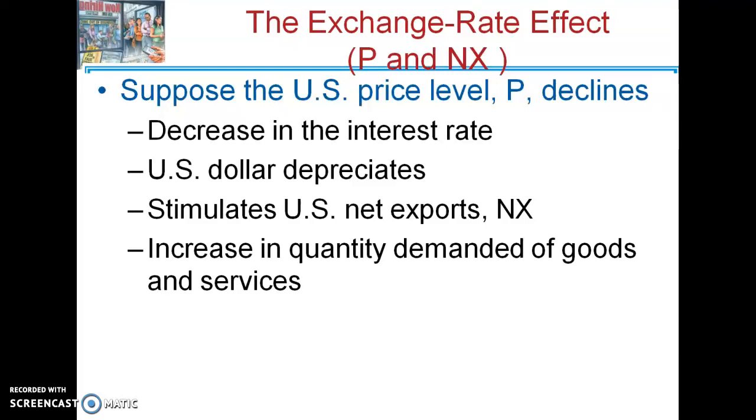If price levels rise in the United States, then made in America becomes relatively expensive. People buy made in China instead, reducing the quantity of aggregate demand. So that's the third effect, the exchange rate effect. And you have the wealth effect, which affects consumption, the interest rate effect, which affects investment, and then here the exchange rate effect, which affects net exports.